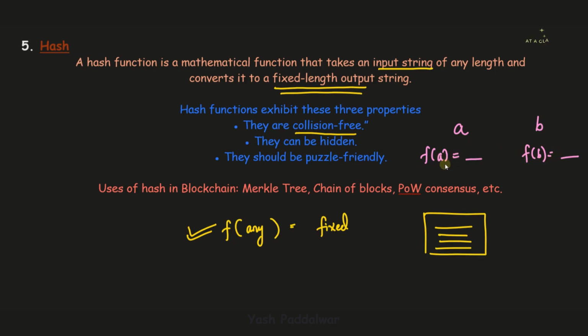That means whatever output the function generates for A will be different from the other output. So every different input will have a different output. I hope this is clear.